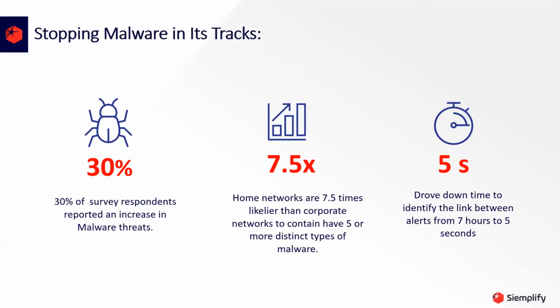With these challenges in mind, it's really important to note how Simplify comes in. Simplify drove down time to identify the link between alerts from over 7 hours to only 5 seconds. Simplify here is really the solution, and it helps analysts streamline malware investigations, enabling them to get more cases closed and result in a more secure network.